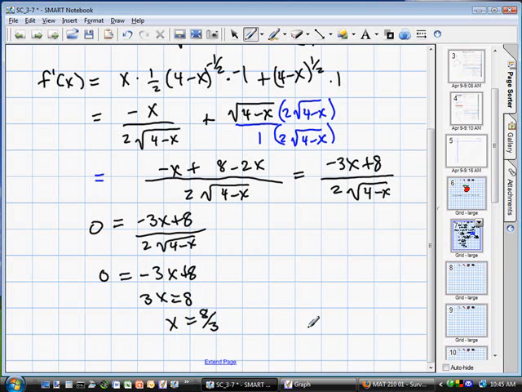What do we call it when we find a place where we have a 0 first derivative? Critical point. It's most likely either a high or a low. And I'm not going to do it right now, but you could also calculate the y-coordinate. Just plug in 8/3. So that's a critical point. Then the next step, find the second derivative.